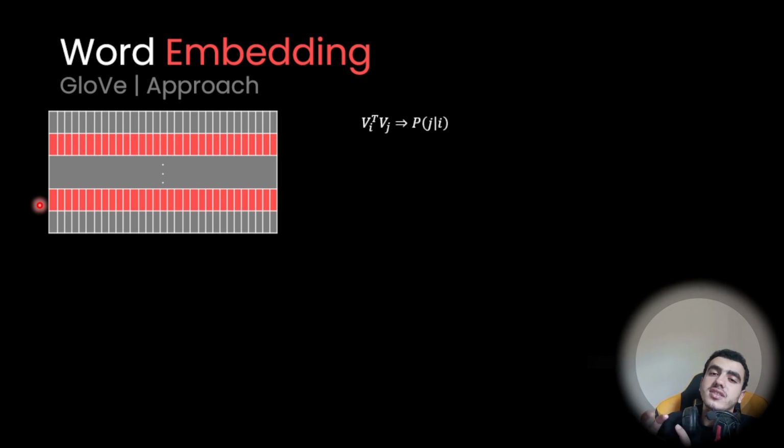The dot product, or this V transpose V, which is nothing but the dot product between these two vectors, is the same as the conditional probability of J given I. How much J can appear given I is the same as the similarity between these two vectors. This assumption is pretty much acceptable because they can be interrelated to each other.